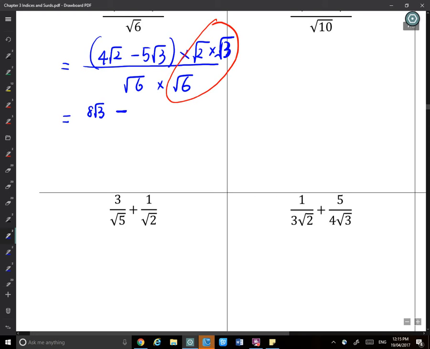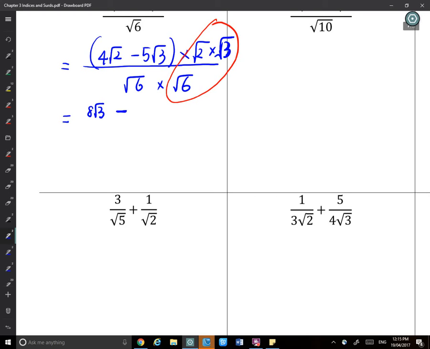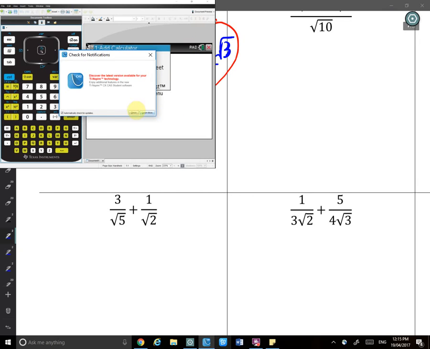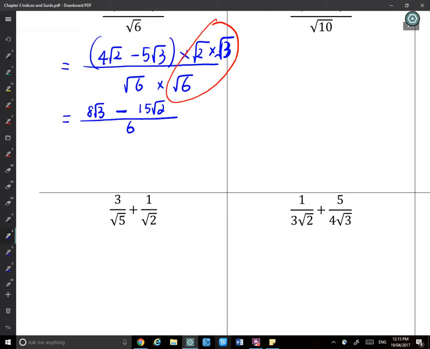minus 5 root 3 times root 2 times root 3. The root 3 and root 3 become 3, and 3 times 5 is 15. So we have 15 root 2 over 6, because root 6 times root 6 gives you 6. So the answer will be 8 root 3 minus 15 root 2 over 6. Can I simplify anything?